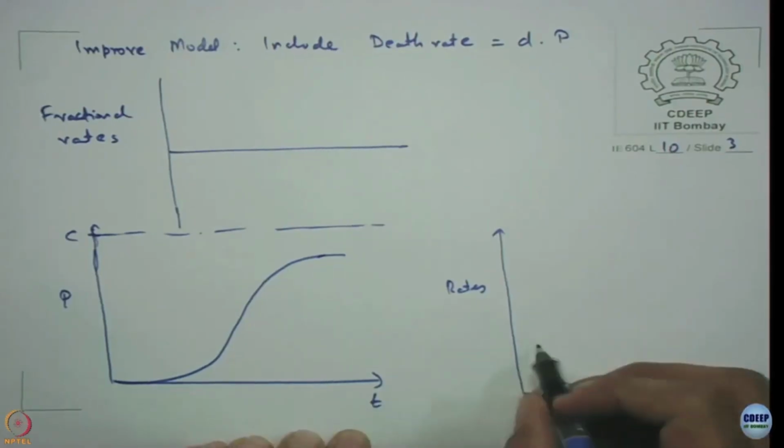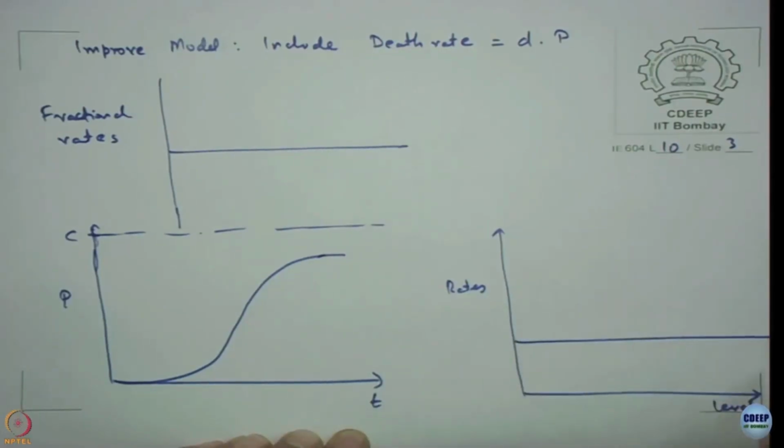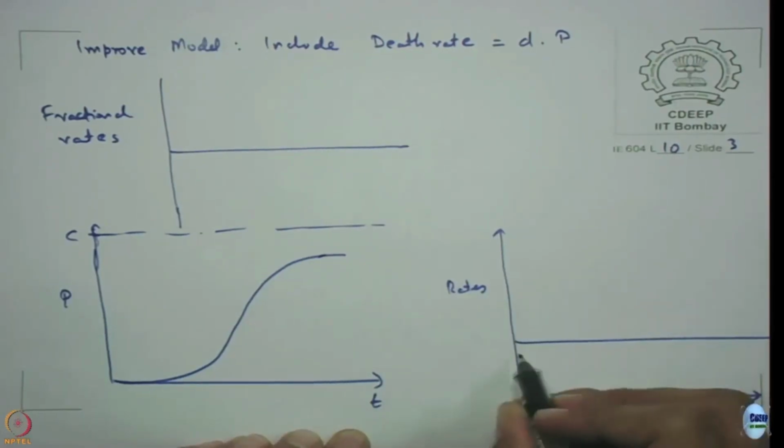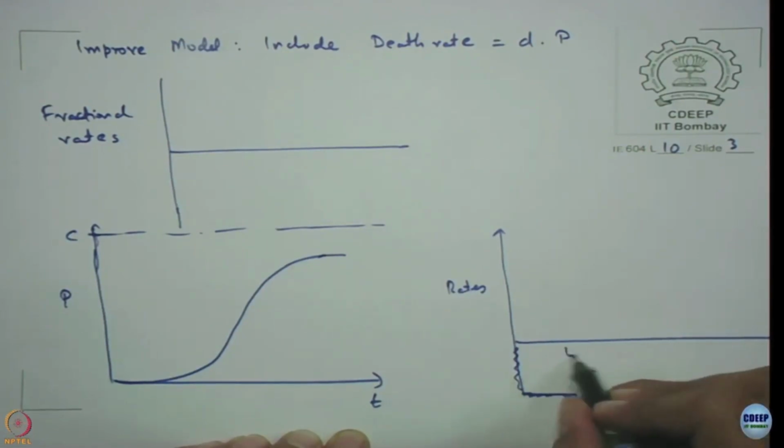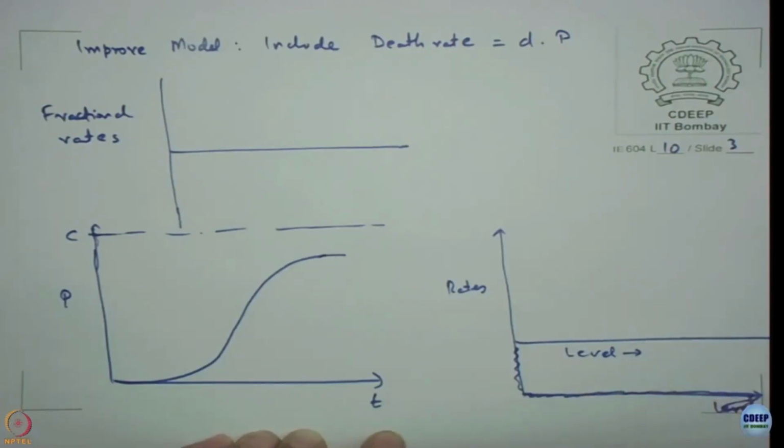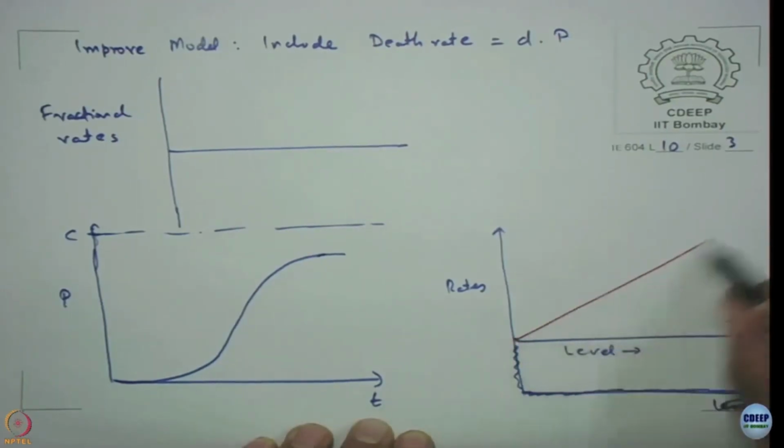So, let me just for convenience call this a level. This is a level chart. As the level is large, what happens to the death rate? As level increases, death rate keeps increasing, right? It is a constant proportion, right? So, this is the death rate.